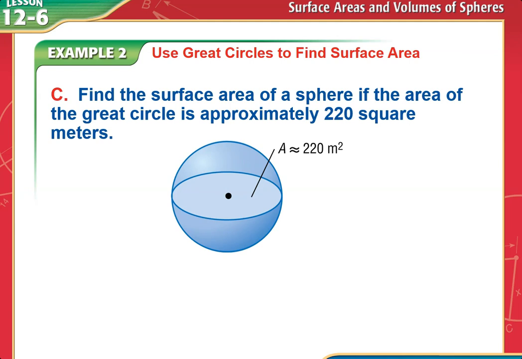Okay, now, in the next problem, we're finding the surface area if the area of the great circle is 220 square meters. Okay, so we know that the area of a circle is pi r squared. So we're going to divide both sides by pi, and then take a square root.